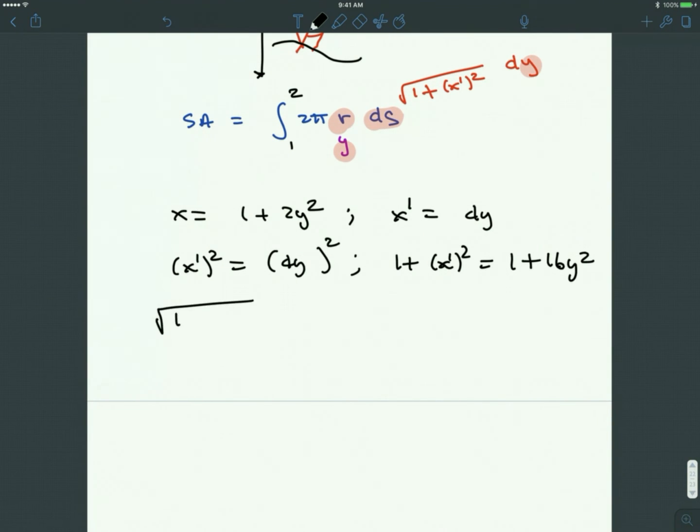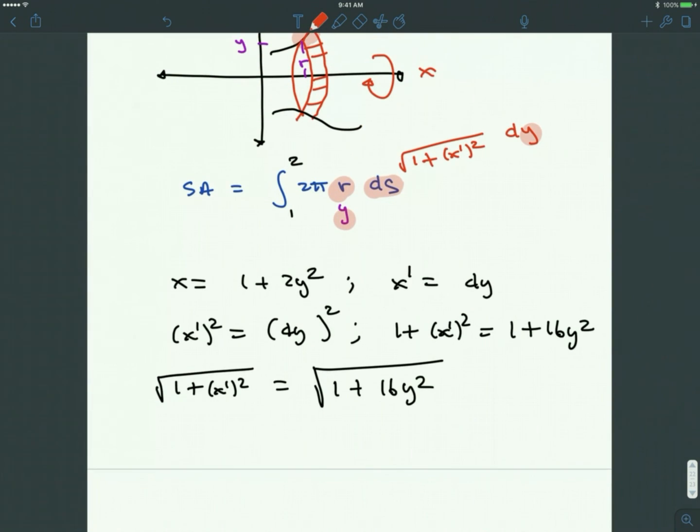So our square root of 1 plus x prime squared becomes square root 1 plus 16y squared. So that means this is our ds, square root 1 plus 16y squared dy.